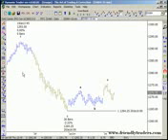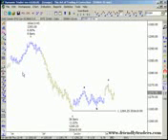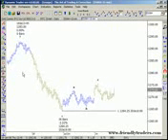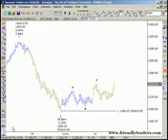Let's go ahead and add some bars and see what happens. Well, the wave C high was taken out, signaling that this is not an ABC or a simple ABC corrective pattern, but it's a complex correction. Does this void our outlook that the January 20th low should be taken out before the January 19th high is taken out? No, it doesn't.